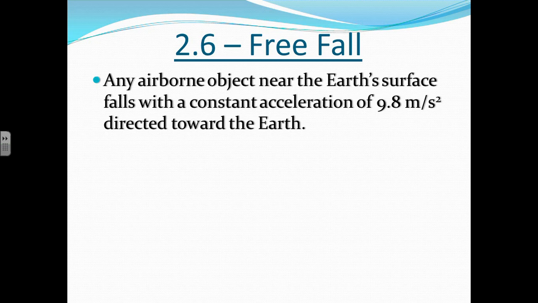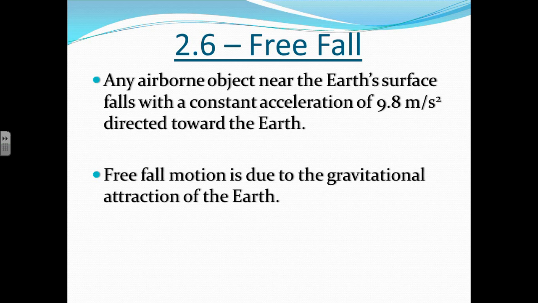Now this only occurs at or around the surface of the Earth. If you are in the upper parts of the atmosphere or under the Earth's surface, you'll find that the acceleration due to gravity causing free fall varies with your height, but in general that variance is very, very small for the portion of the Earth's surface that we inhabit.